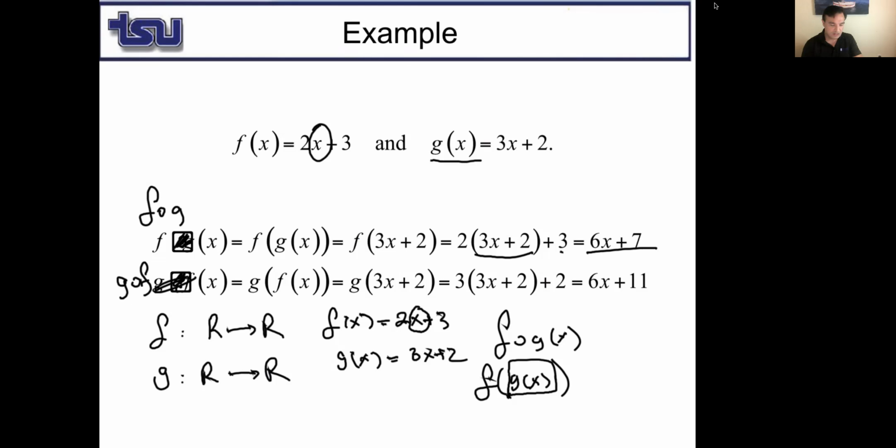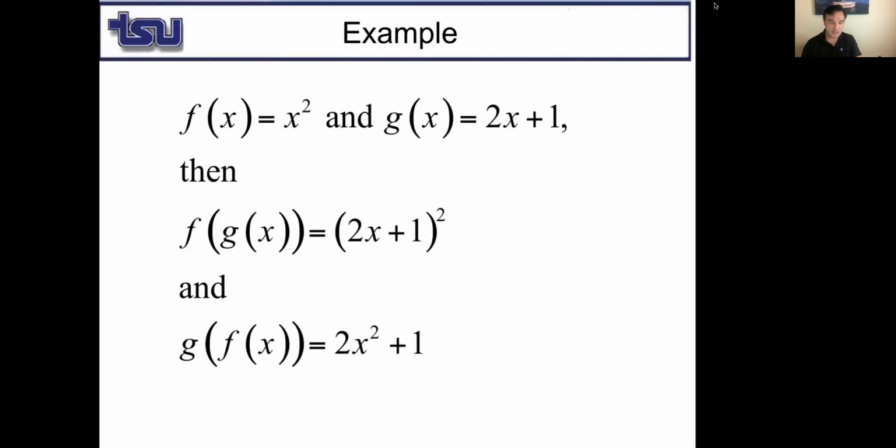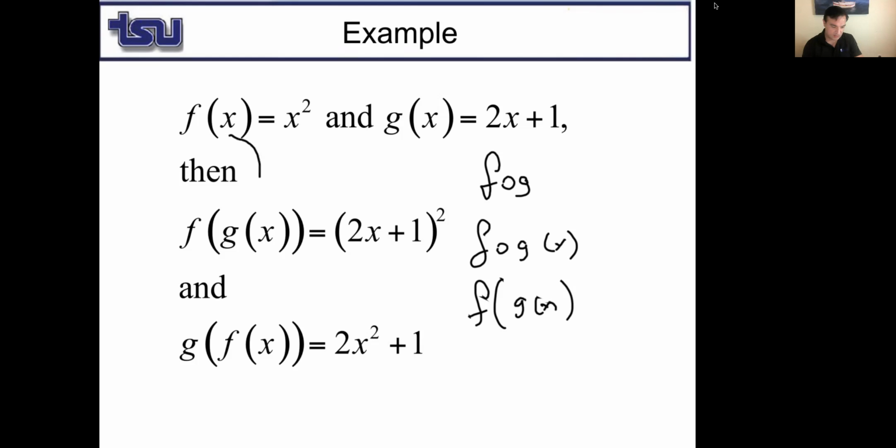And the other one, g of f of x, replace this x with the whole f of x. And for example, here, if we have f of g, in other words, f of g of x, this is what it is. So you're going to replace this x with g of x.